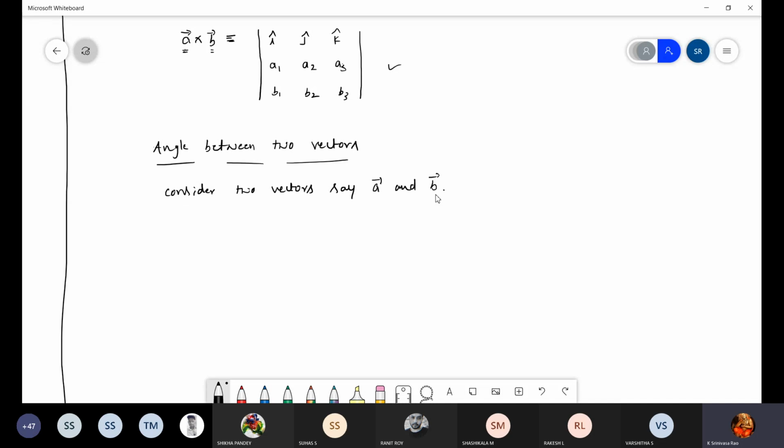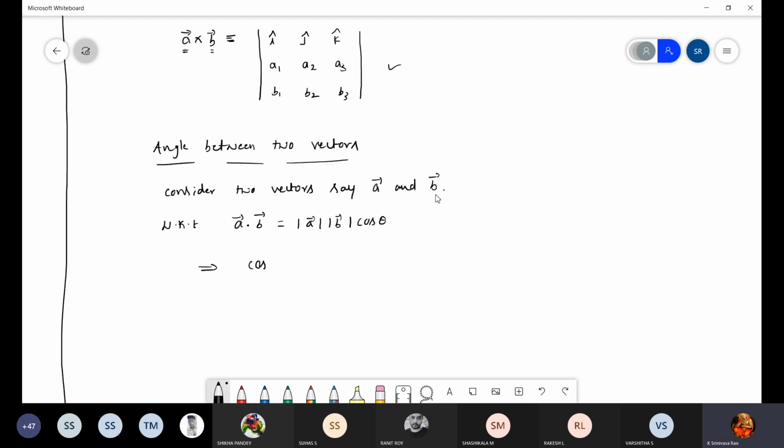We know that A dot B. So what is the basic definition of the dot product? A dot B is equal to magnitude of A, magnitude of B into cos theta. Correct? So this implies, I want to calculate the angle now.